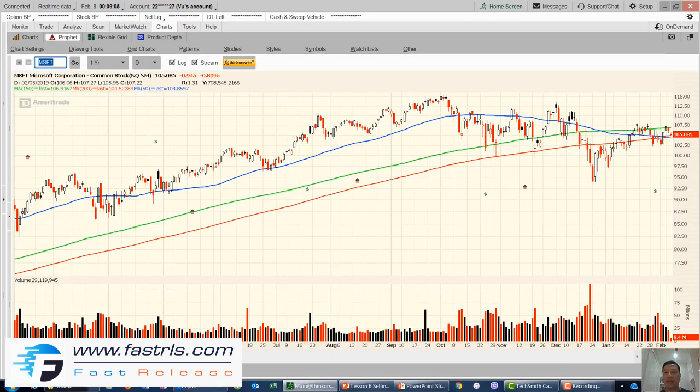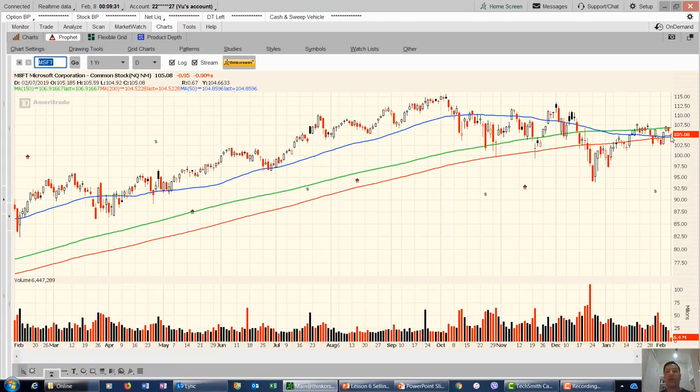Recently, as you can see, the stock has been bouncing around the support level, which is the moving average lines. So my bias is the stock will not break down below the moving averages and turn to a downtrend, but it will bounce off and continue to go up.